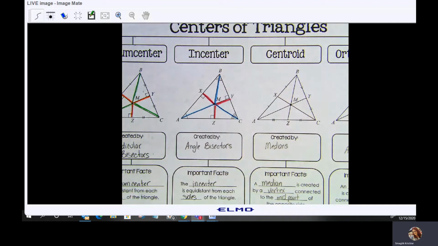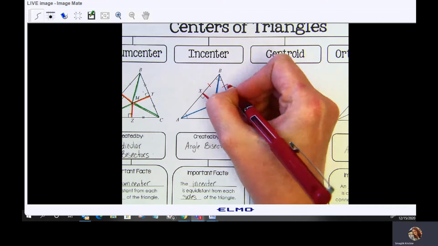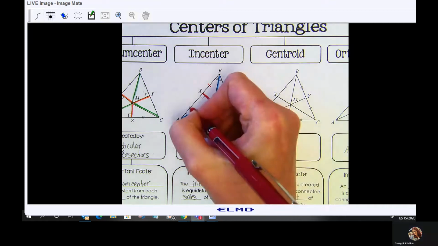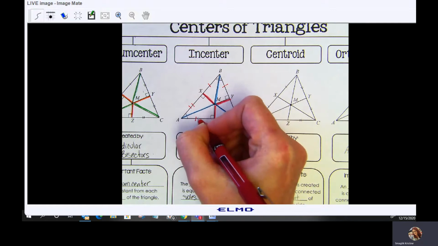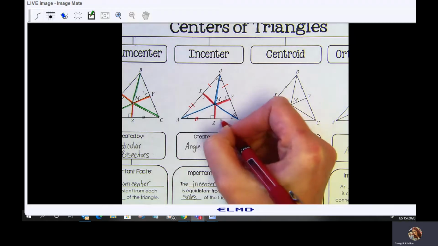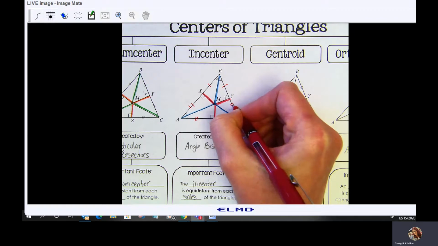What it also is, not on this sheet, we're going to add. We can use this sheet as a nice reference sheet for your test. These sides here will be congruent. AX will also be congruent to AZ. And ZC is going to be congruent to CY.